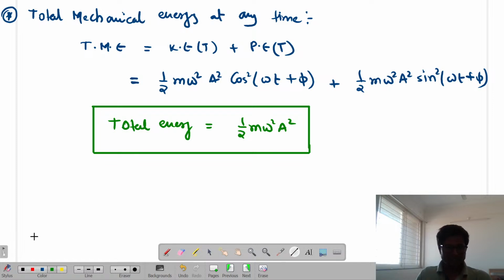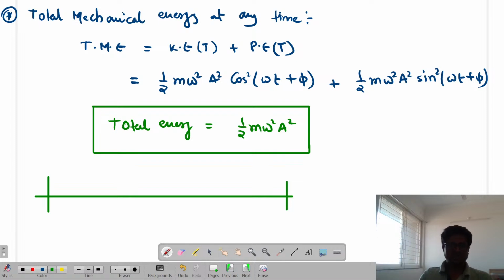So in SHM, what is the conclusion of this? Let's talk about our whole SHM, which is confined between our two amplitudes, minus A and plus A. At every point, its total energy is constant.